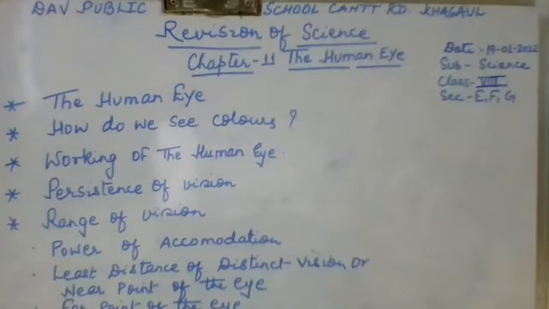When the light falls on the retina, the light sensitive cells get activated, and they then generate electric signals. The optic nerves send these electric signals to the brain. Then the brain interprets this image in such a way that we see the image same as that object, that is the same size, erect.